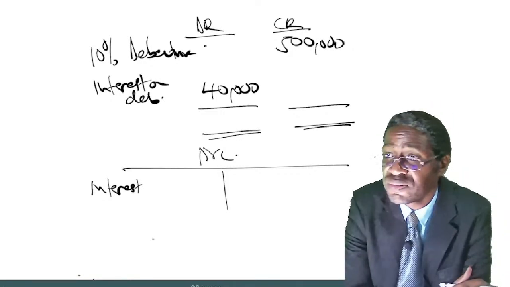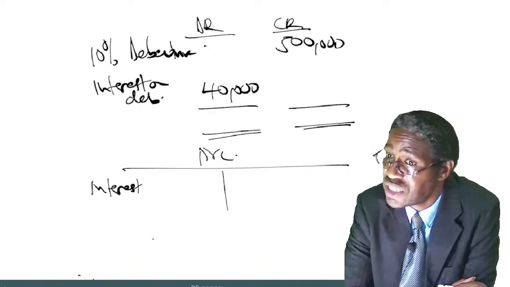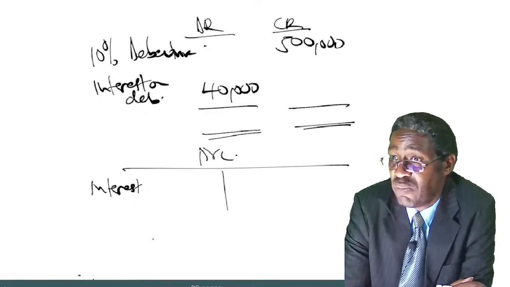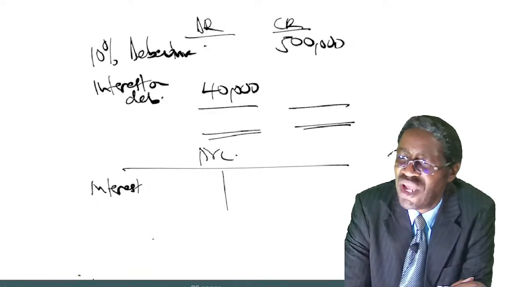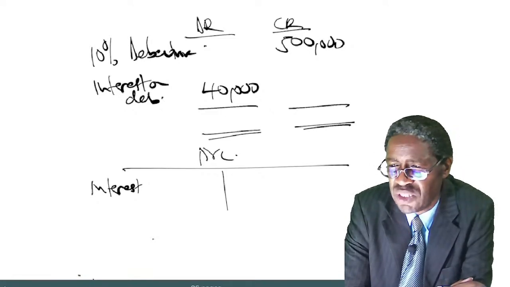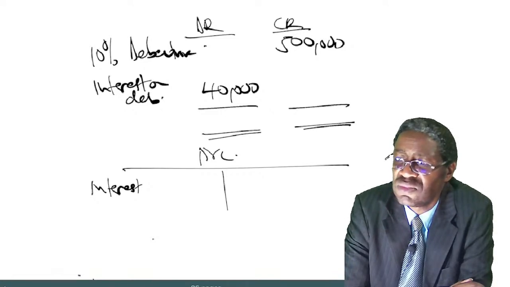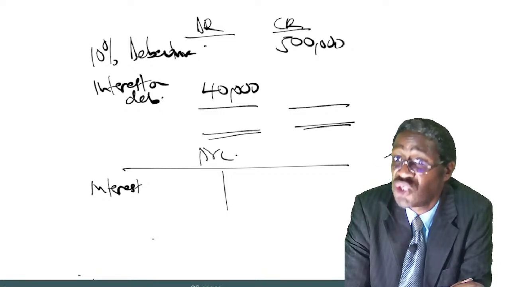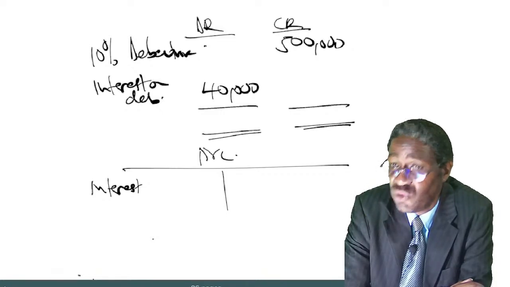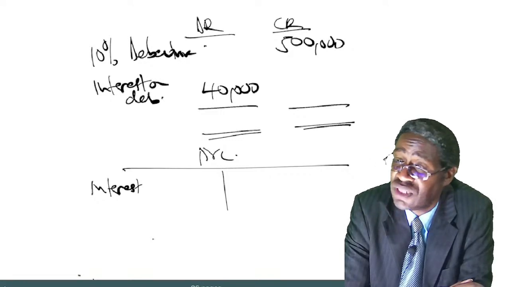Somebody quote for me. You must have done it in published accounts, in financial accounting and company accounts. When you are given a trial balance of this nature and you are required to prepare the income statement of the company, how much will you charge in the income statement concerning interest? I'm waiting. You have done company accounts.